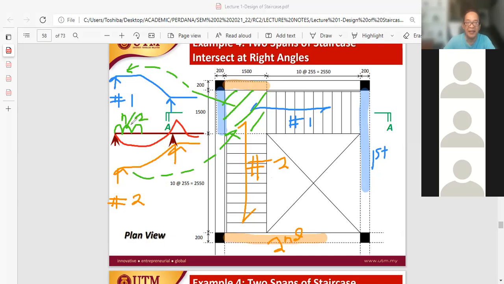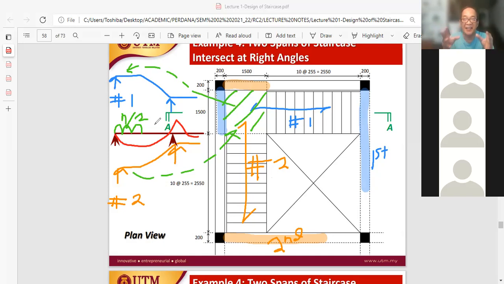Okay, so N bagi 2 pada larian 1, N bagi 2 pada larian 2. N over 2, the loading, the design load, which is 1.35 GK plus 1.5 QK on the landing, is now divided into 2. Half will appear in flight number 1, another half will appear in flight number 2.